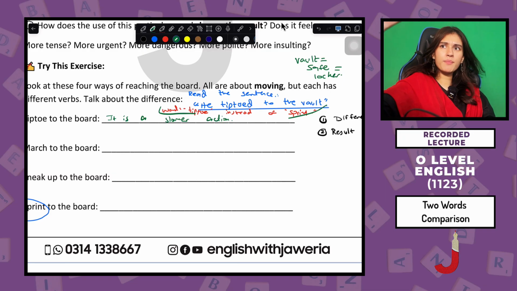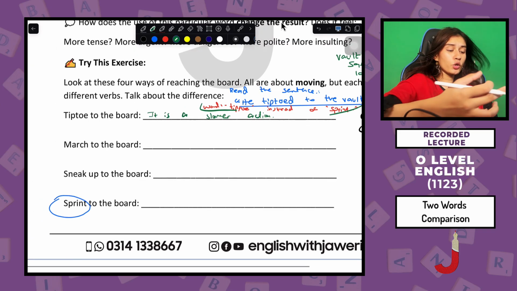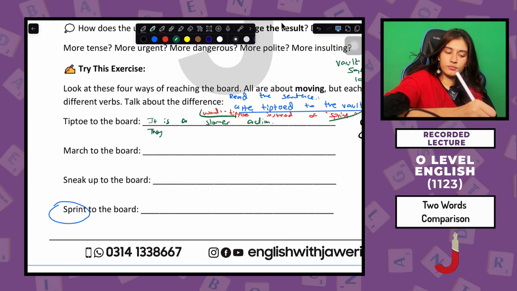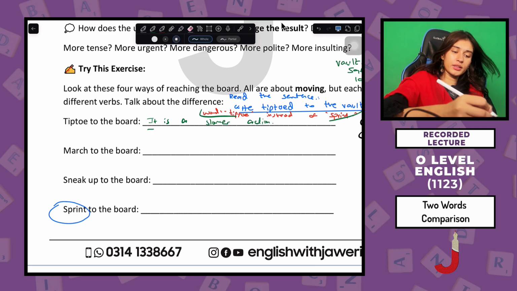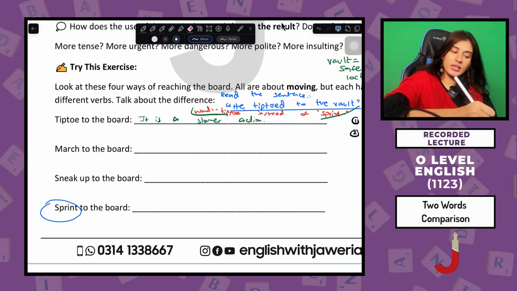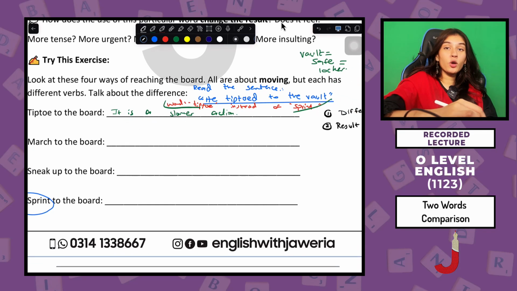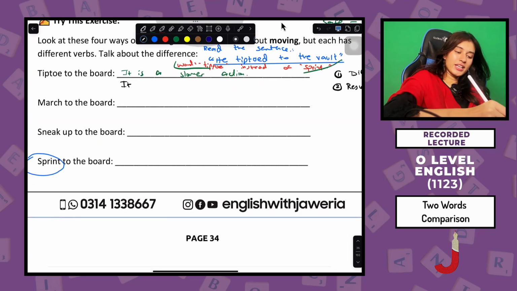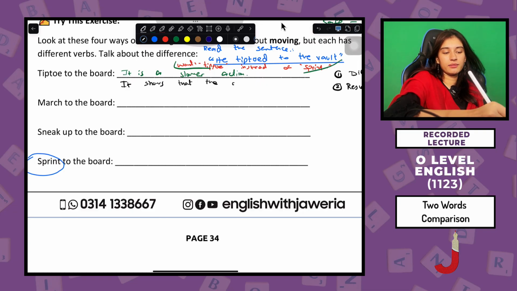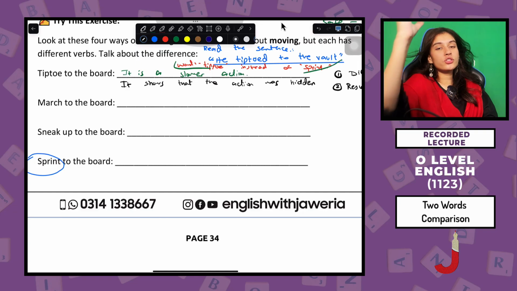If someone is going to such a safe space, you could say that he tiptoed to the vault, so it's a slower action, and the writer used the word tiptoe because it shows that the action was hidden. Or what else could be the result? The action was sneaky. They don't want to catch attention. So that is how you structure your answer.